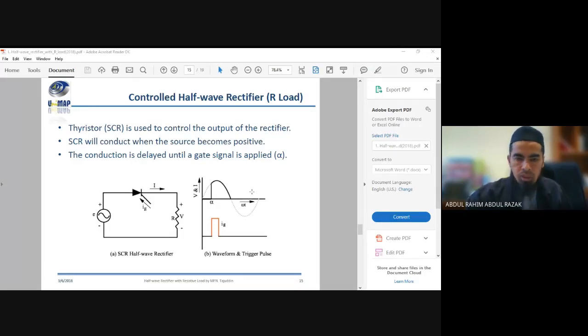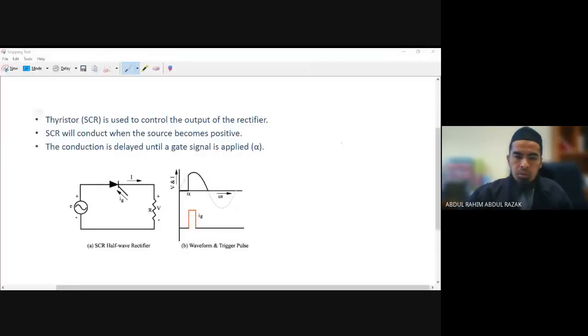As I mentioned to you, when we have this kind of device which has a switch marking on the cathode side, it is called a control device. This is the so-called gate.